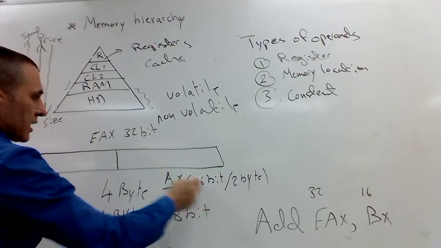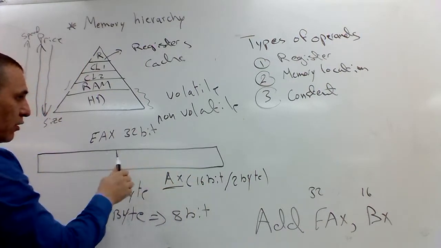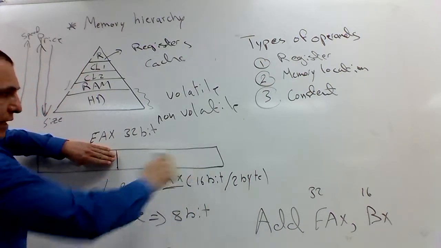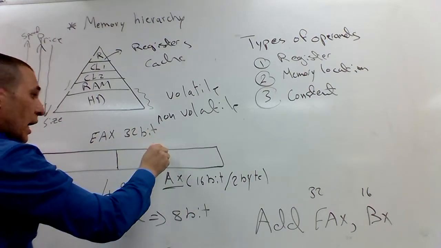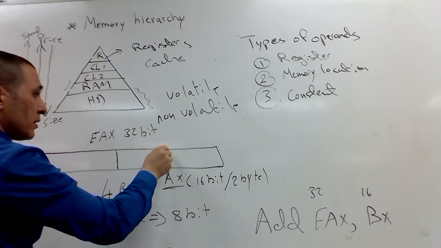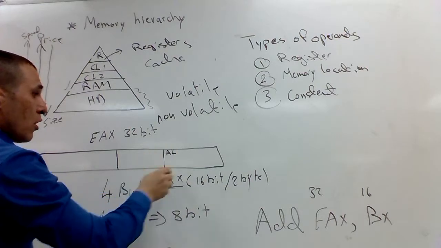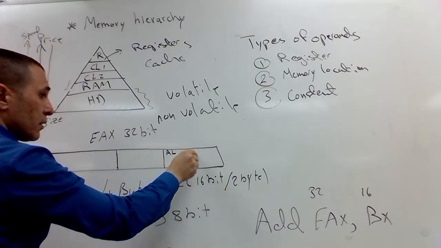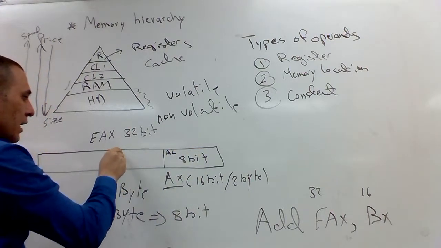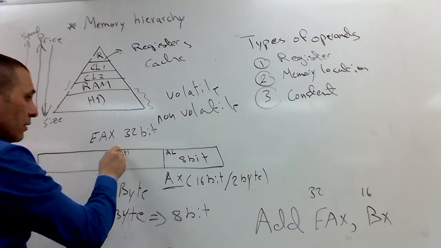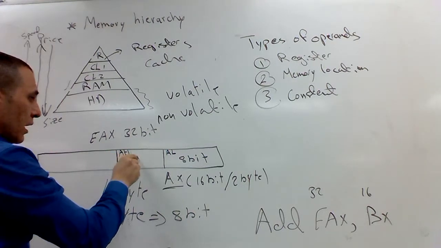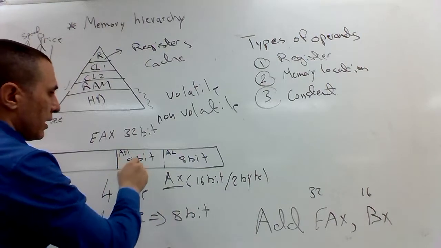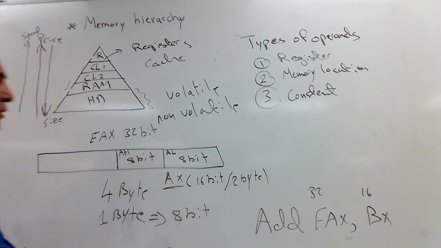So this is AX, 16-bit. I'm using only this part now. I can also break it down to AL, a low, which is 8-bit, 1 byte, and AH, a high, which is another 8-bit, which is 1 byte.